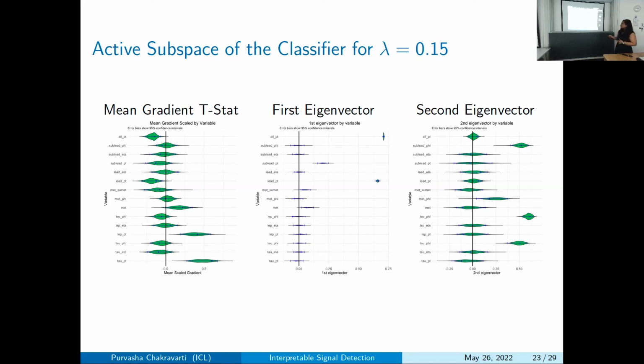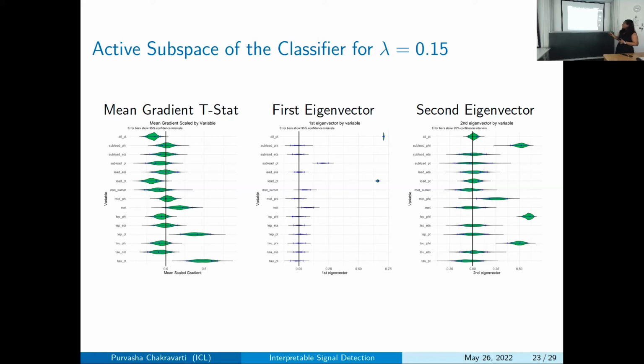If you look at this variable, what this says is that as this variable increases, the chances of it being a signal increases, right? So the classifier output increases for experimental data, and the chances of being a signal actually increases. Similarly, if this variable is large, it again indicates the presence of signal.